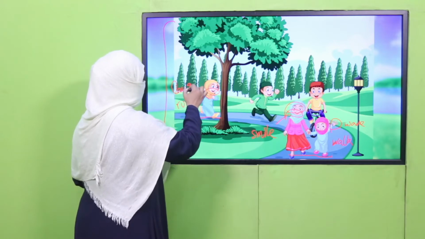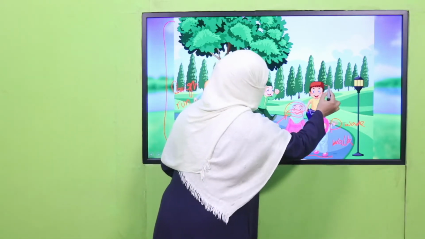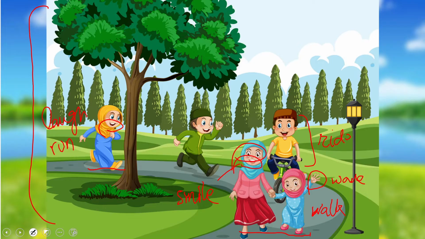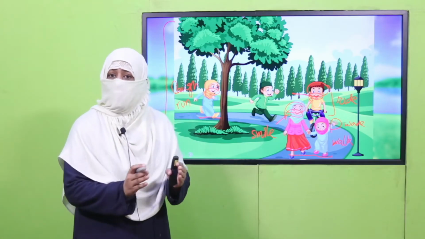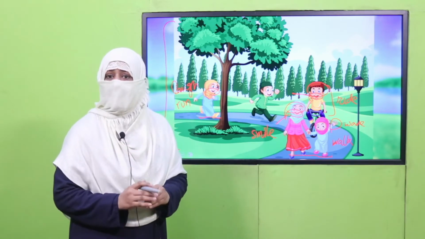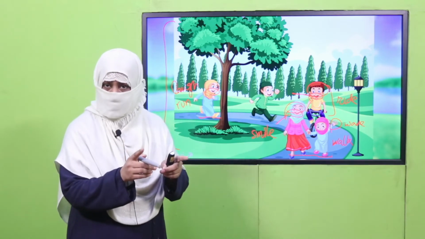Laugh is verb. He is riding a bicycle. Ride is verb. He is smiling. Smile is verb. He is looking. Looking is verb. He might be saying something, from his posture we can find. So all these words which tell what a person is doing are verb, right?